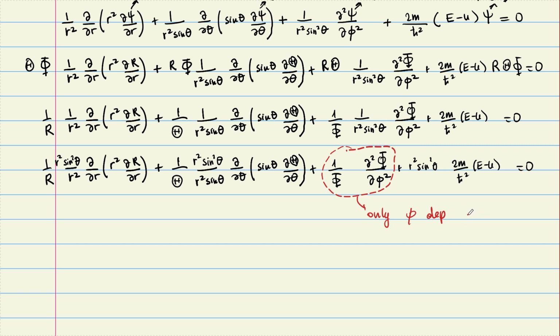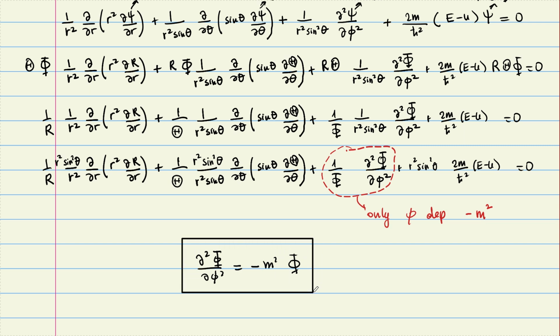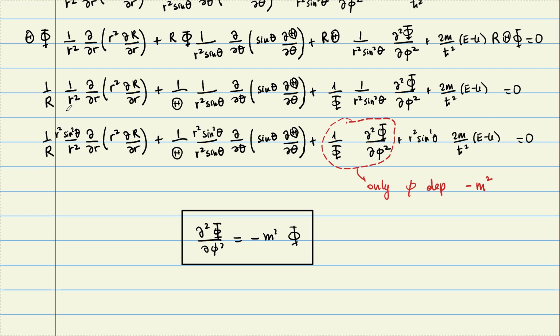And for this case, let me call this minus m squared. Then the second derivative of phi with respect to phi is equal to minus m squared phi. So that's the first equation. And now I can put in minus m squared and continue to divide the problem. So let me copy this.